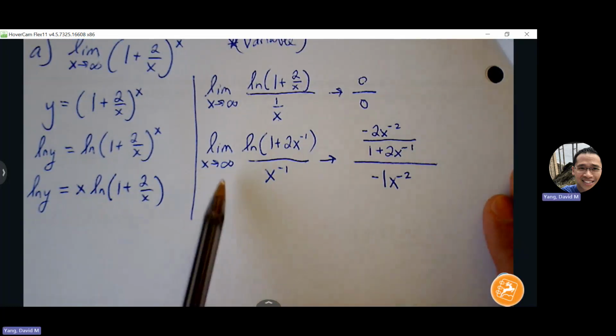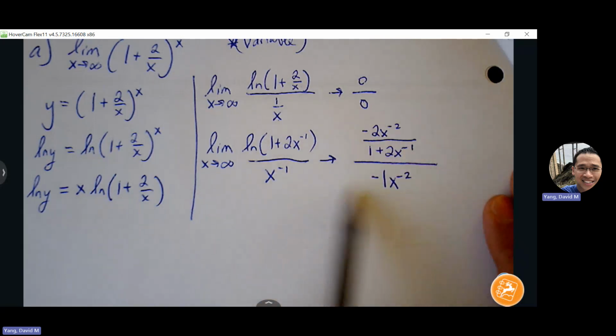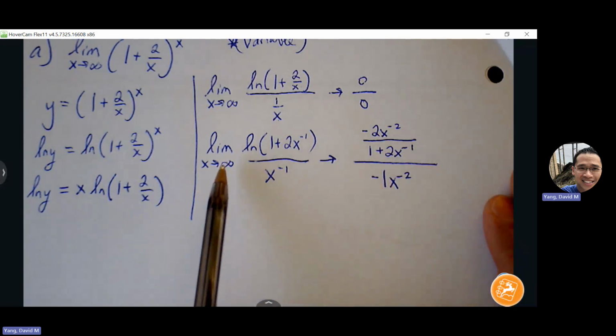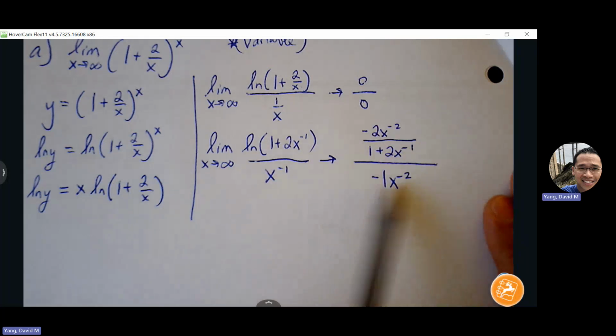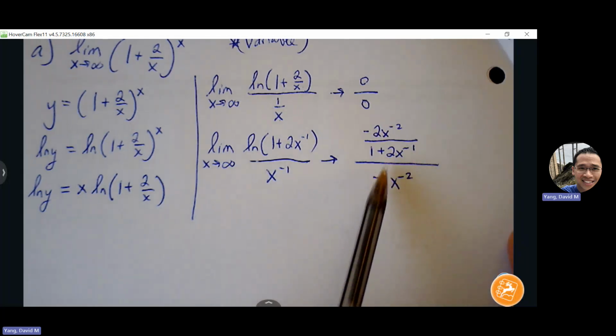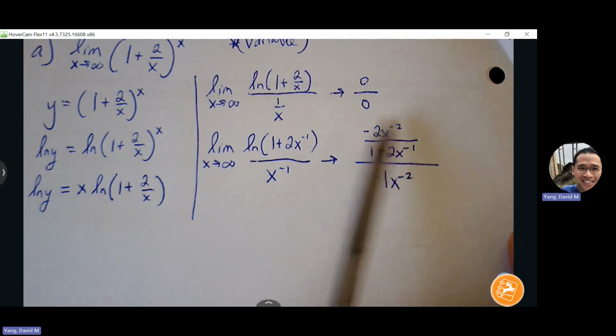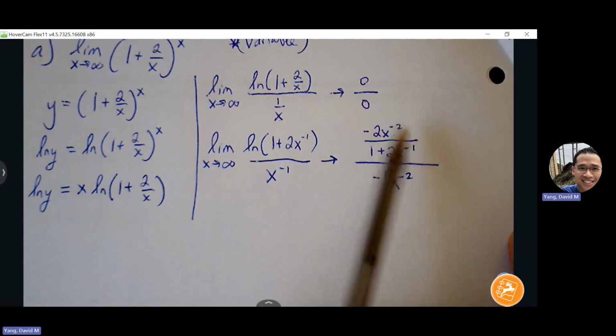Now I could try to evaluate the limit, but I find that if I can just clean this up a little bit more, then I can maybe do this a little bit later. I see a bunch of these negative exponents. I don't want to compound the effect of turning them back to positive exponents, because then I have a really complicated complex fraction.